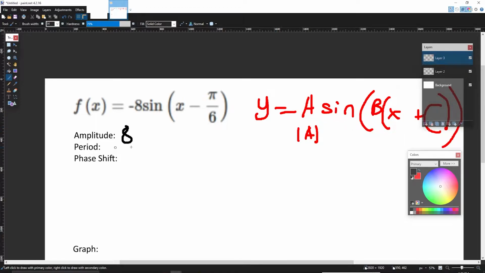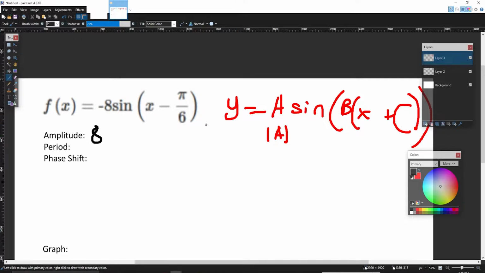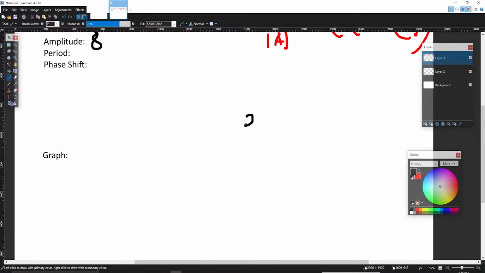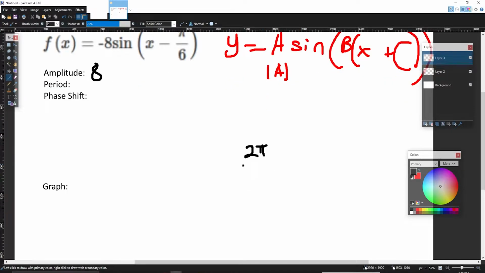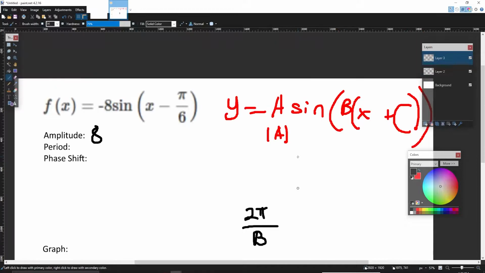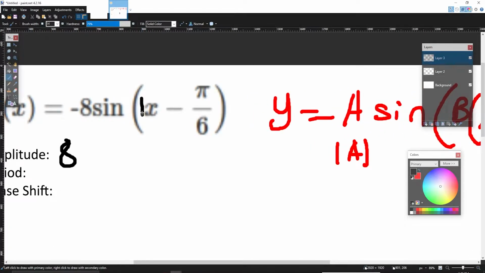The period for sine and cosine graphs, I don't remember what tangent was, but for sine and cosine graphs, the period is 2 pi divided by b, right? And here, since b is 1, there's an invisible 1 right here.